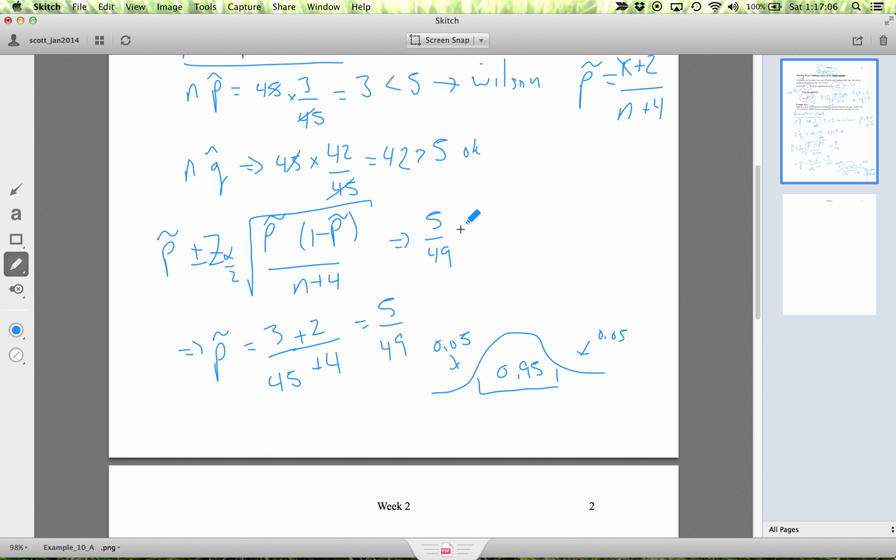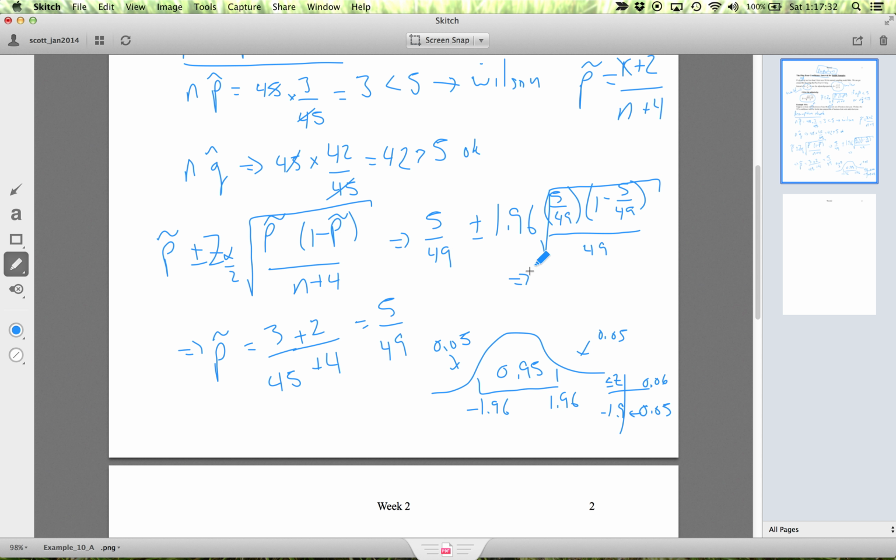So we now have our Z value, which is 1.96, and then we're going to multiply our p tilde and 1 minus our p tilde, divided by n plus 4, which is 49.